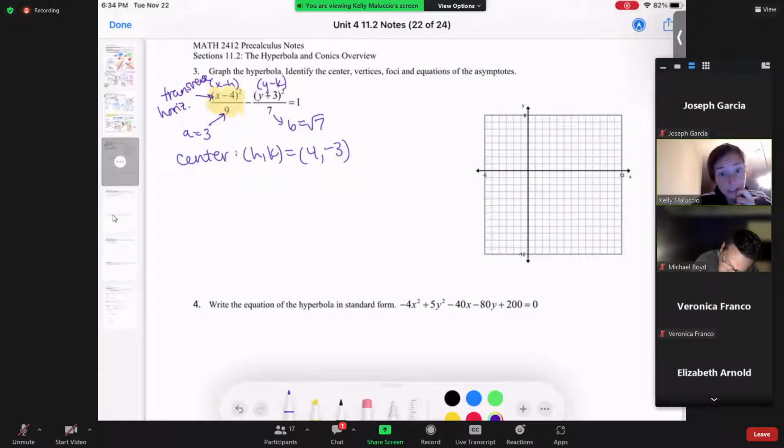Okay, so this is good. And now we can find the vertices, and we can find the asymptotes, and then solve to find the foci, right?